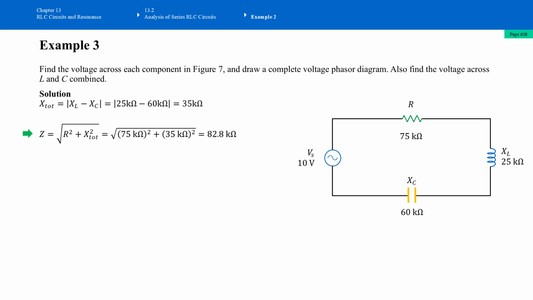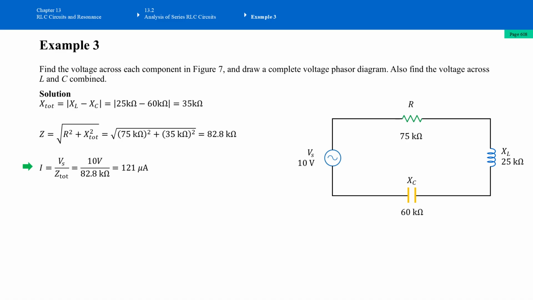And then we need to find the impedance Z. Z equals the square root of R squared plus X total squared, equals the square root of 75 kilo ohm squared plus the X total, 35 kilo ohm squared. Put these numbers into the calculator, we get 82.8 kilo ohms. This is the impedance of this RLC circuit.